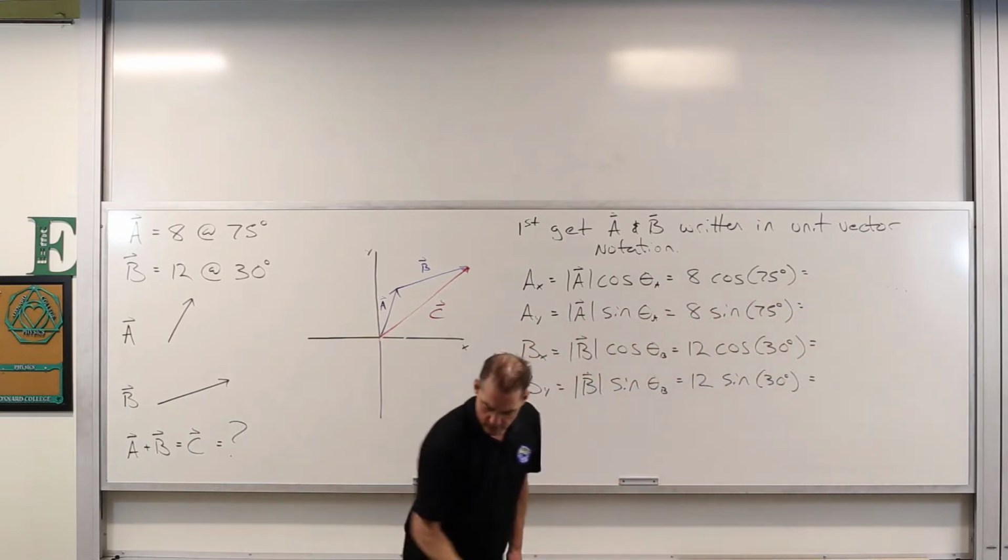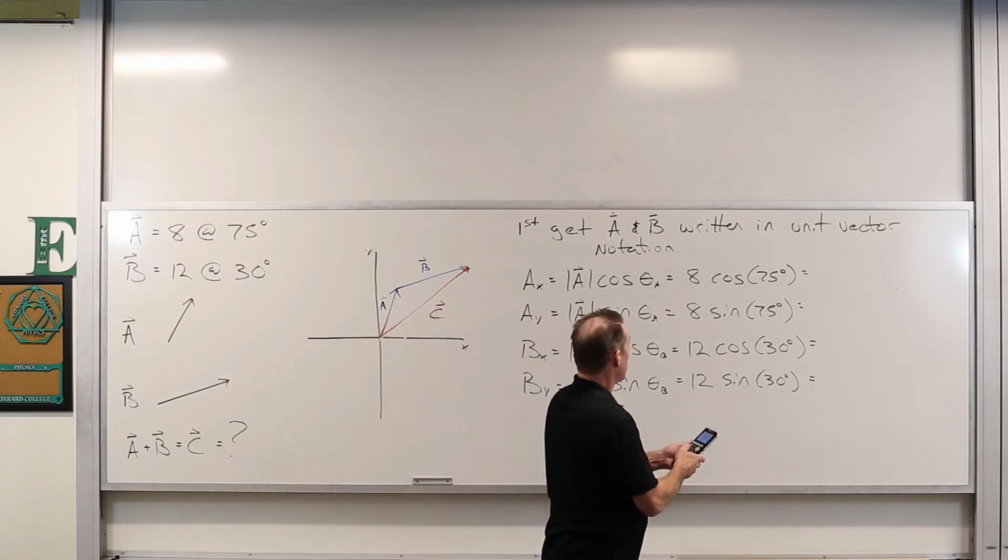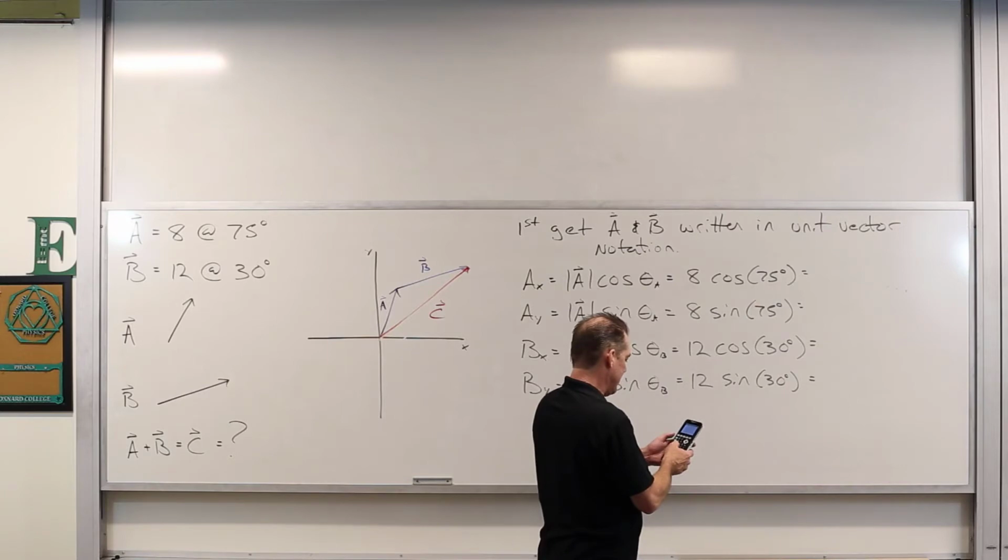We can just go ahead and compute these all out, with the calculator in degrees: 8 cosine 75, 8 sine 75, and 12 cosine 30.